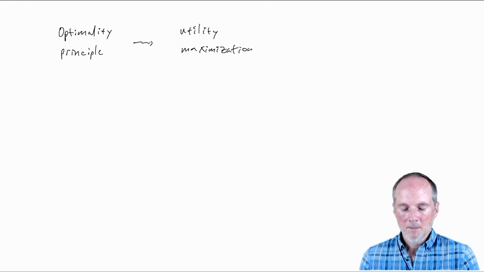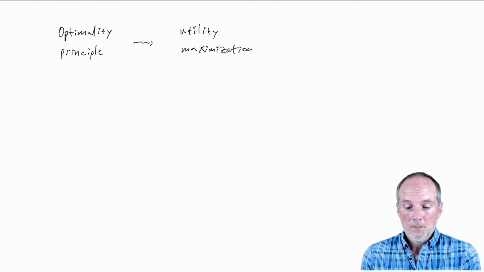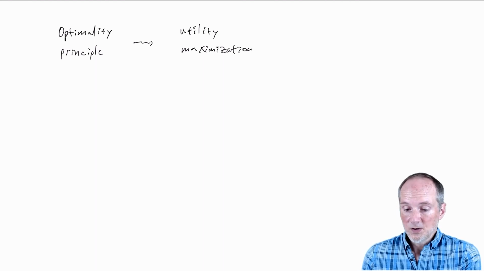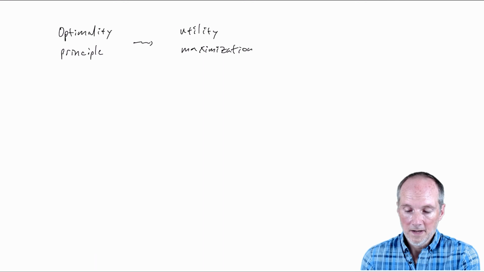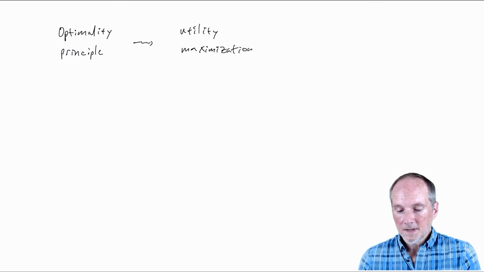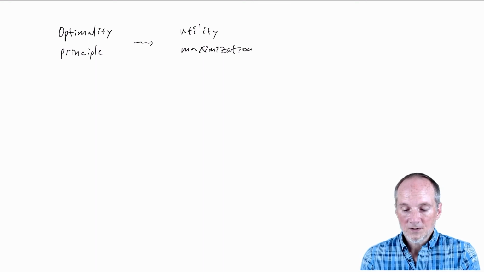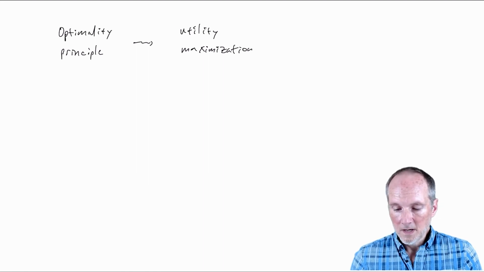If you think about it, choosing the best alternative that's available to you would be the same thing as choosing the alternative that's available with the highest utility. So when we talk about rational choice, we talk about maximization. That's what we have in mind, maximizing utility, but it's just one way of describing the optimality principle.